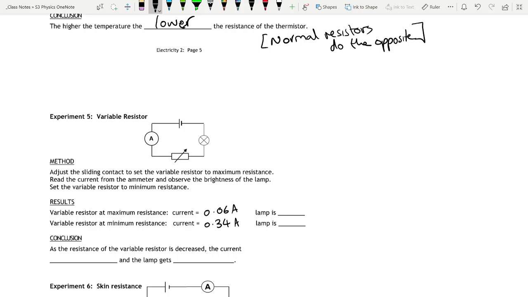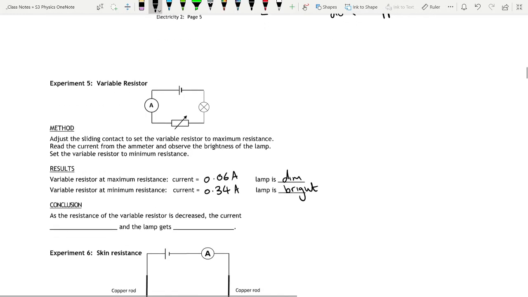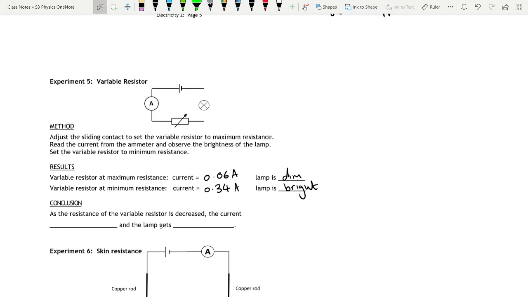So higher current at smaller resistance. When it says lamp it basically means was it a dim or bright? So the top one would have been a slightly dimmer, hopefully, and the bottom one would have been brighter. So what did you get for your conclusion? Yeah. Good.